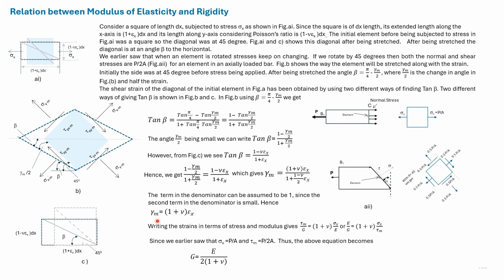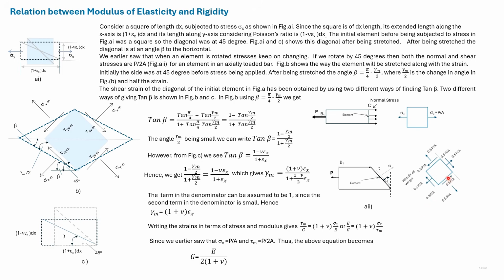Now replacing the strains by stresses, we get tau m divided by G is equal to (1 plus nu) sigma x divided by E. The equation can be written in this form. Now here we have sigma x divided by tau m.